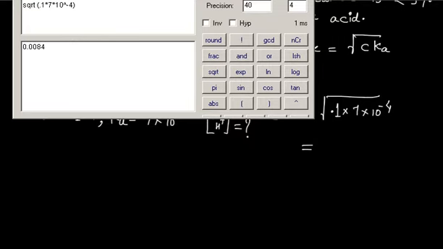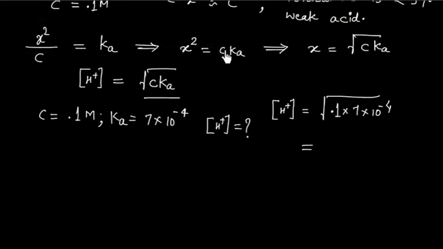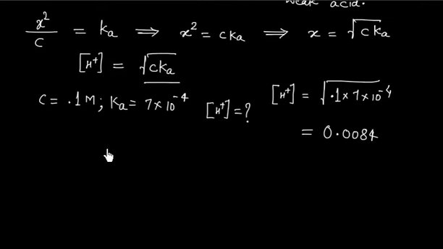So this is around 0.0084. This is the approximate solution. I have the H plus concentration in this case equal to 0.0084.